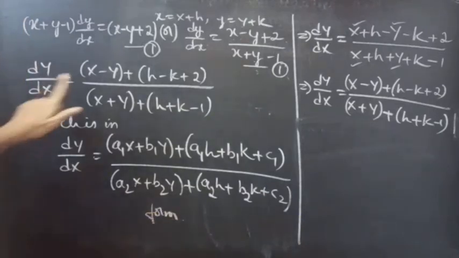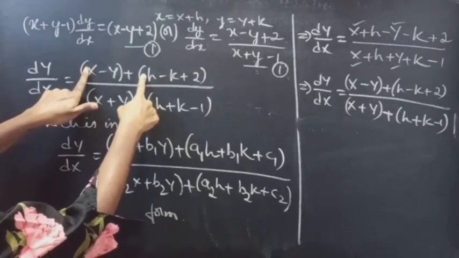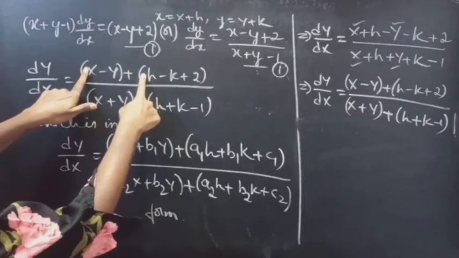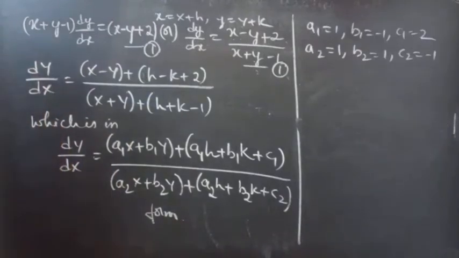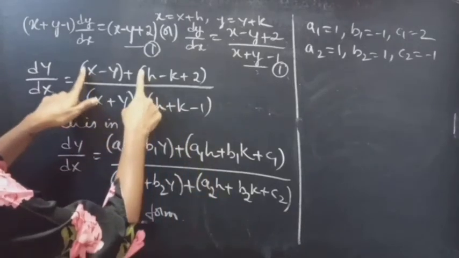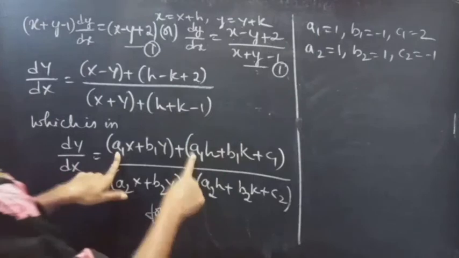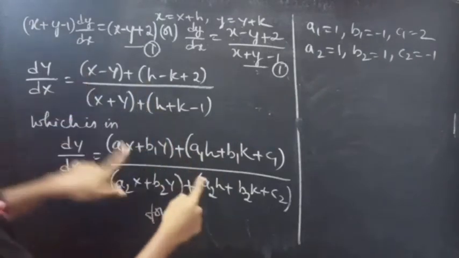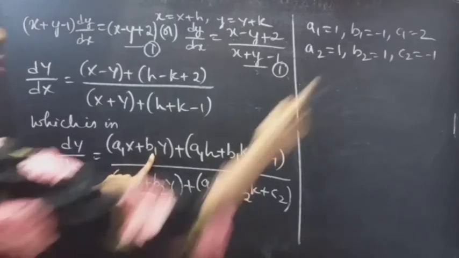See, quotient of x and h is 1, so a1 is 1. Now, quotient of y and k is b1. What is b1? You are having minus 1.